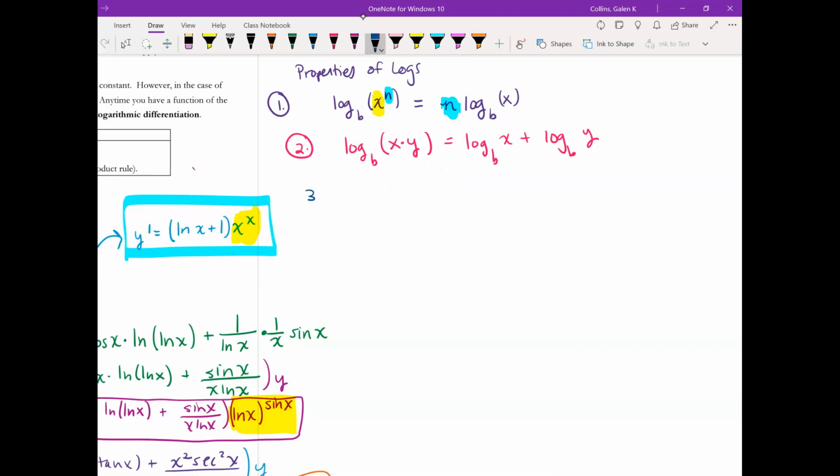All right. The other property involves when we have a log where our argument is a quotient of two functions or two numbers. They don't have to be functions. They could be constants. So let's say log base b of x divided by y. That's going to be the same as log base b of x minus log base b of y.